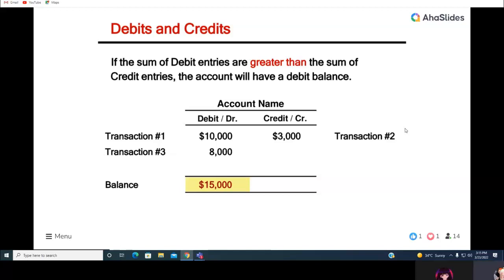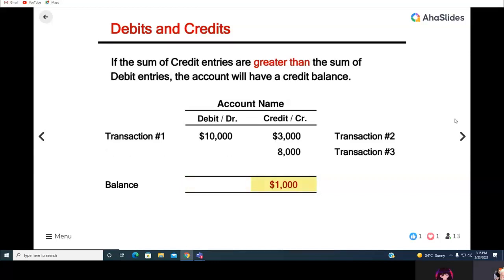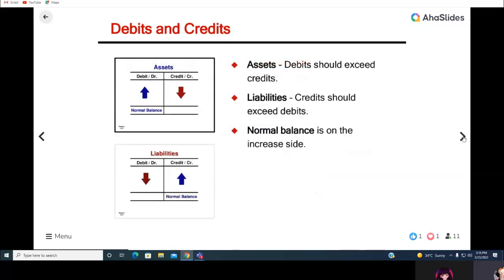I summarize that by saying that this account has a debit balance, and that debit balance is 15,000. If, on the other hand, I sum it up and there are more credits in this account than there are debits, then I add them up, 11,000 in credits, 10,000 in debits, subtract them, and because the credits exceed the debits, I refer to this account as a credit balance. That's all I have to do, okay?